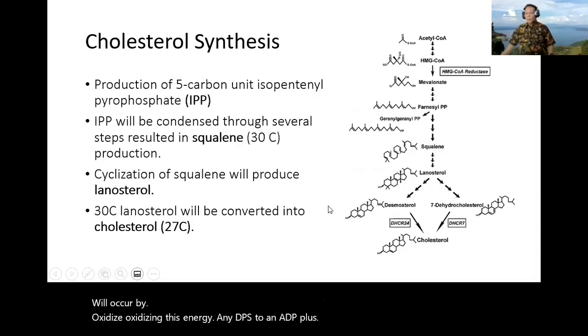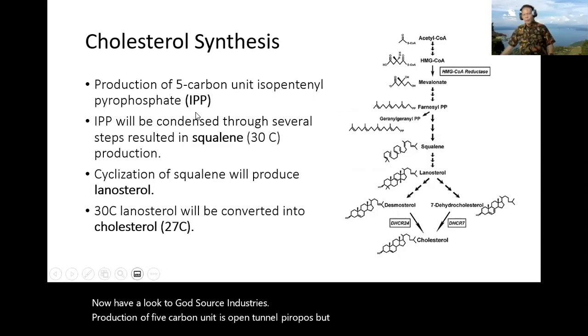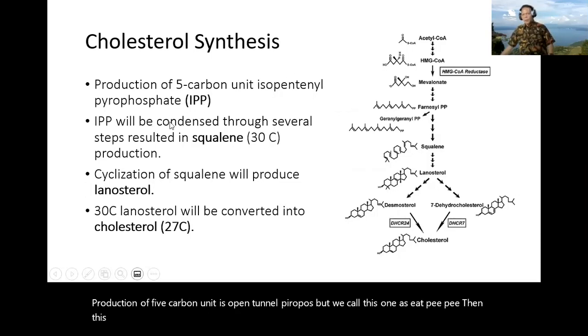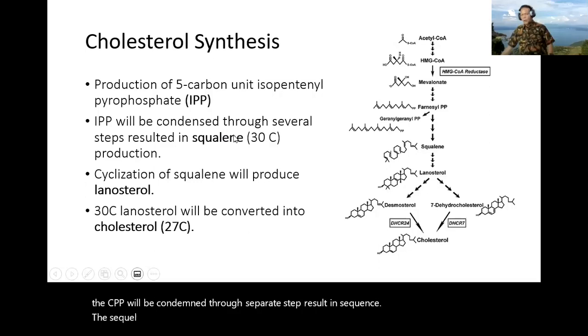Now, have a look at cholesterol synthesis. Production of the 5-carbon unit isopentenyl pyrophosphate, which we call IPP. Then this IPP will be condensed through several steps, resulting in squalene. This squalene consists of 30 carbons.